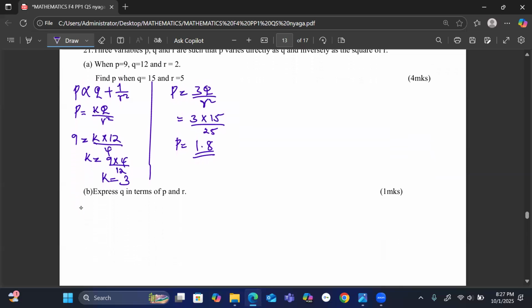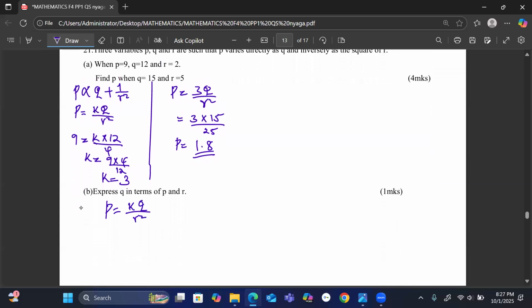Now express Q in terms of P and R. That one is simple. We found that P is equal to KQ over R squared.